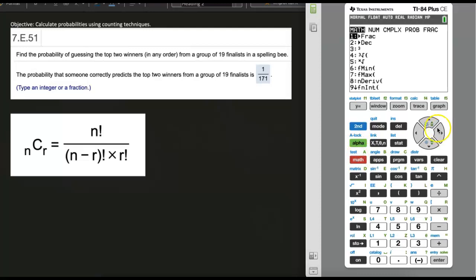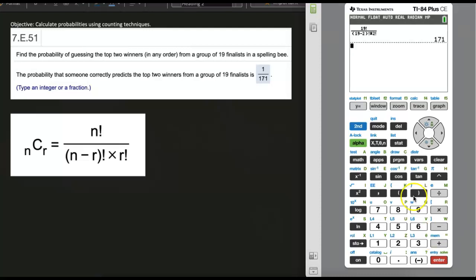Again, press Math, scroll over to probability, and select number 4. And that's what tells me there's 171 ways to select 2 winners from a group of 19, where order doesn't matter. So in other words, these 2 winners, they're not first and second place, they are just 2 winners.